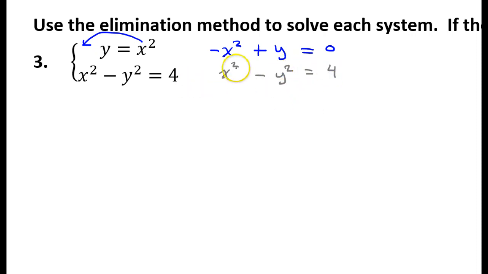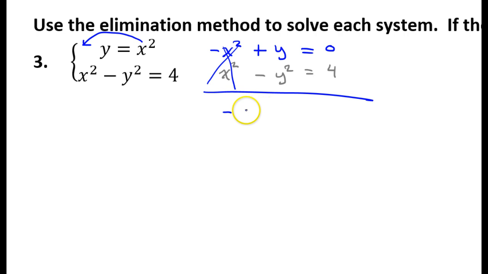For the elimination method, we want opposites that cancel, and we just happen to already have that. If I combine these terms to make a new valid equation, these are going to cancel each other out. These are not like terms, actually, so I'm just going to put these next to each other.